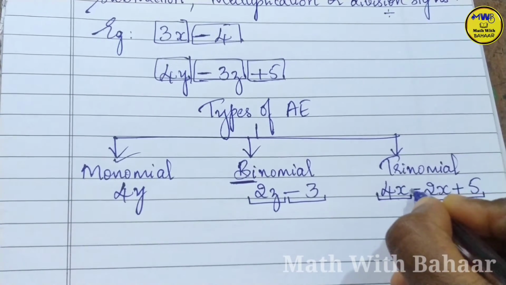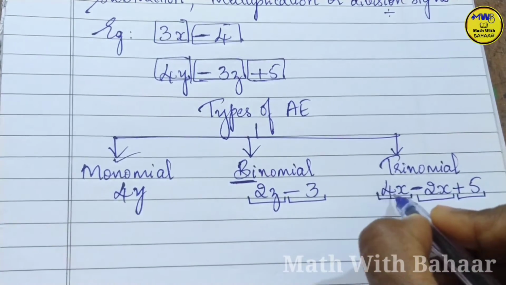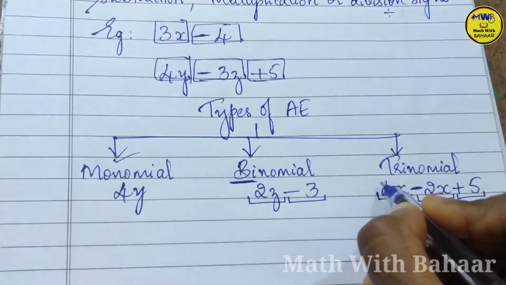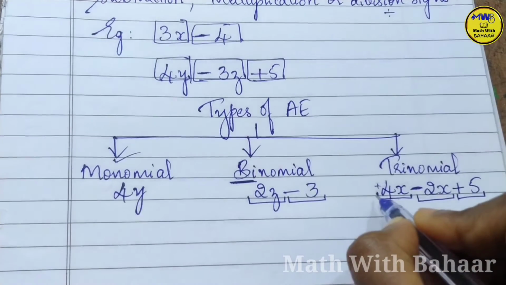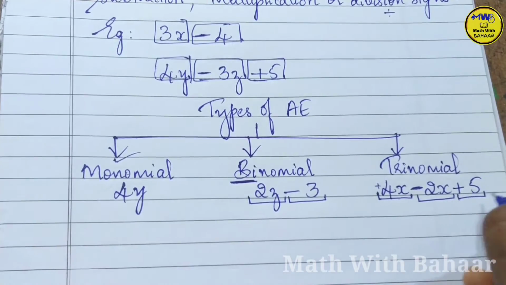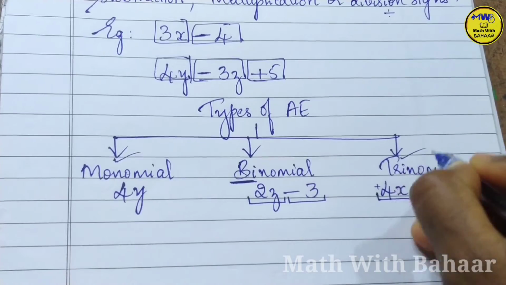Always consider the sign along with the number that comes before it. As you can see here, we don't have any sign before 4. That means it's a positive number. It's plus 4x, -2x plus 5. So there are three different terms here. So we call it a trinomial.